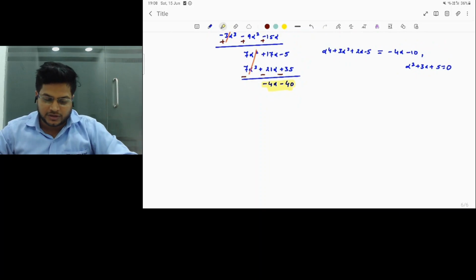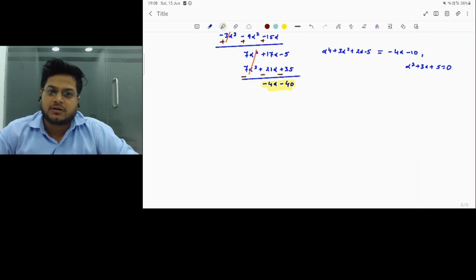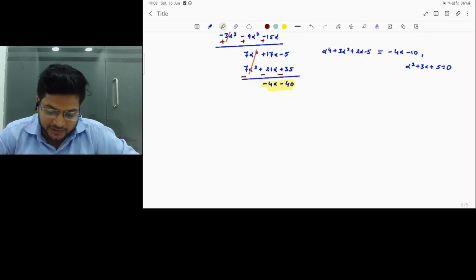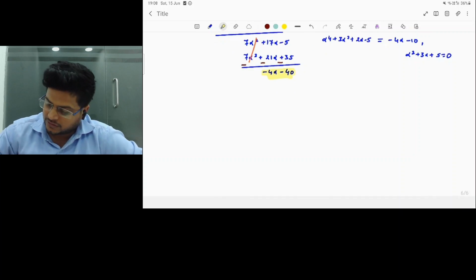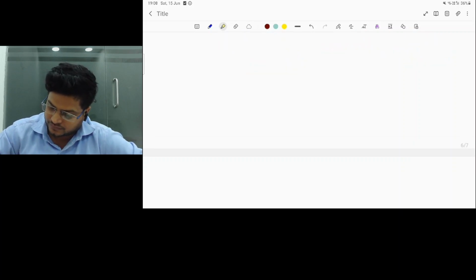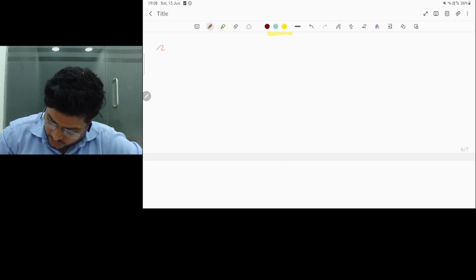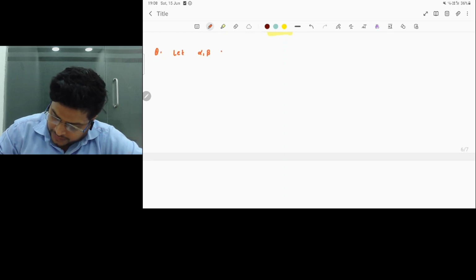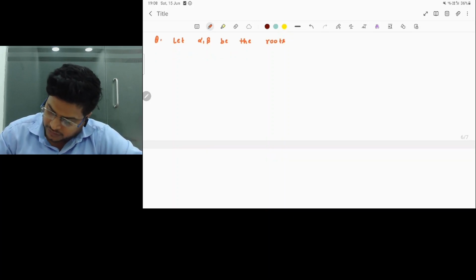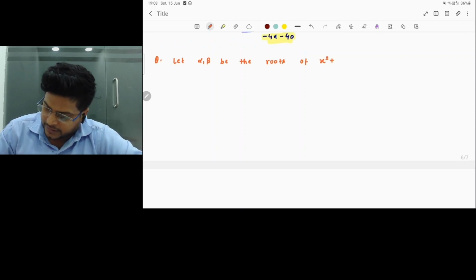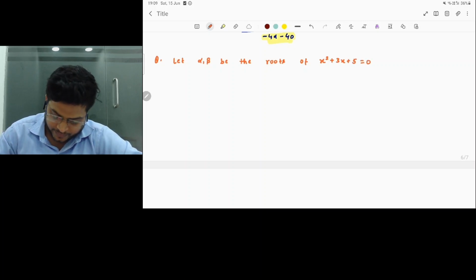So let us take one example related to this topic and how it can be used in the quadratic. Let's say the question is: let alpha, beta be the roots of x square plus 3x plus 5 equals 0.